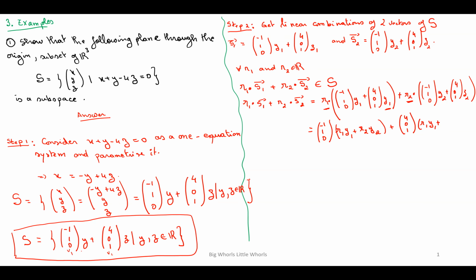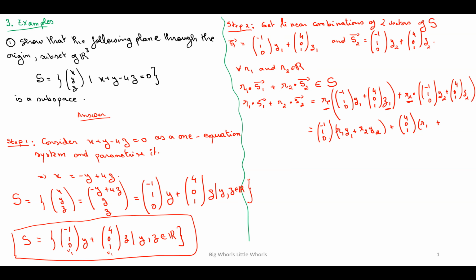Why did I write y1? This is z1, sorry. This is z1. So we have here for the second.